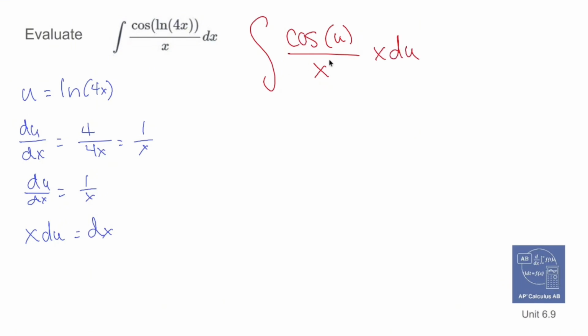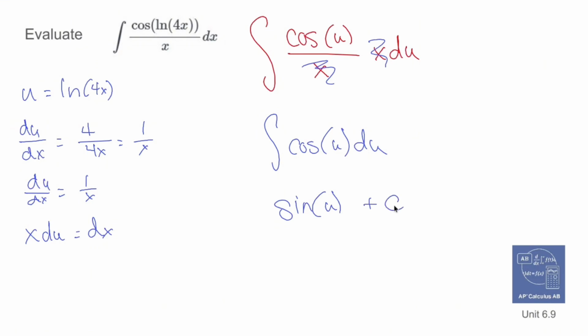The x's will cancel out. Oh, isn't that lovely? So now I'm left with the integral of cosine u du. The integral of cosine is sine, so sine u plus some arbitrary c. And since I wasn't given u to start out the problem, I have to plug ln of 4x back in for u. So I have sine of ln of 4x, close it, plus c, and that ought to do it.